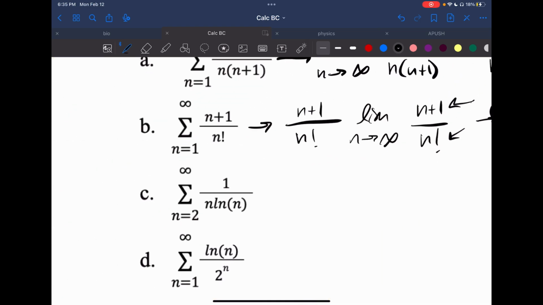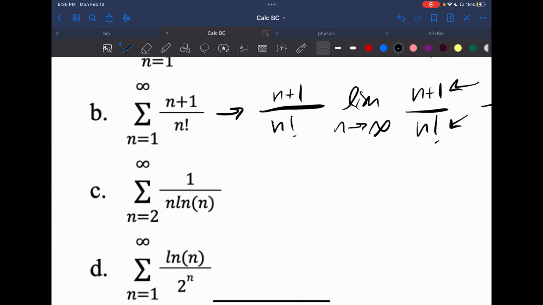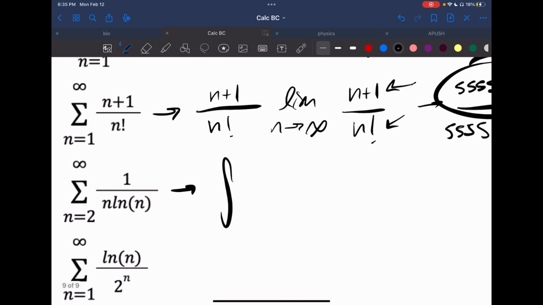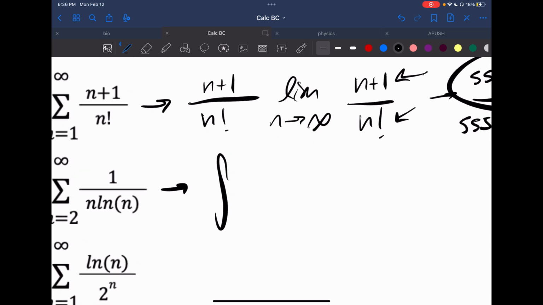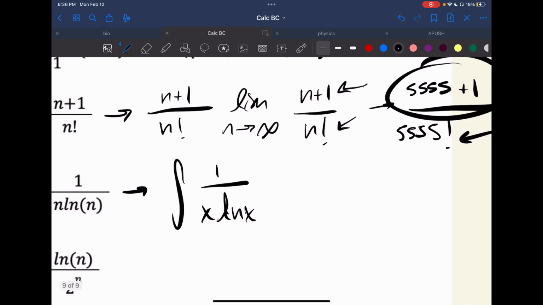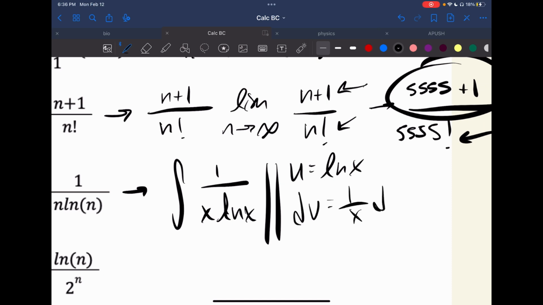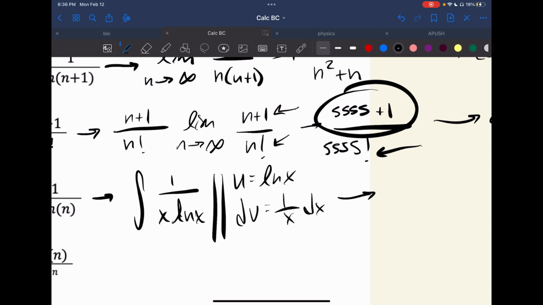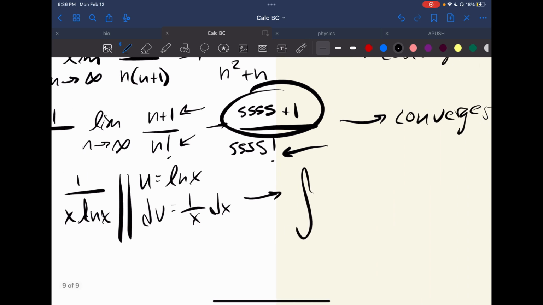Now, C, we can use the integral test to determine if it converges or diverges. So we're going to do 1 over x natural log of x. Then we're going to do u sub. So u equals natural log of x, du equals 1 over x dx.